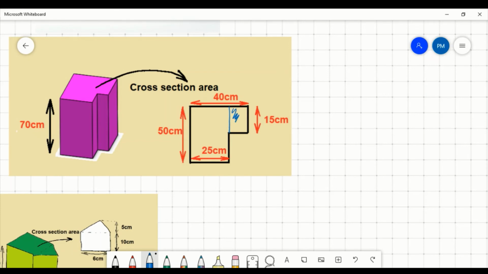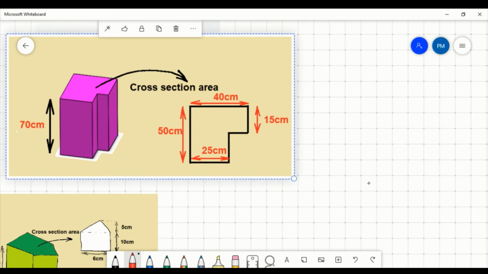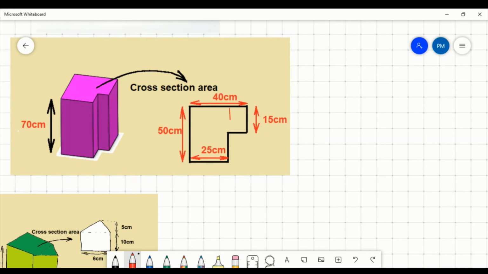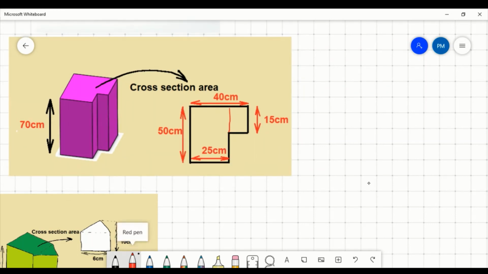So we're going to have this area here as one of the areas we're going to find, and we're going to add that to the area that I have here. Drawing our line to divide it again, we're going to find the area of this. This will be 50 by 25, and then we need to find this small little distance here.